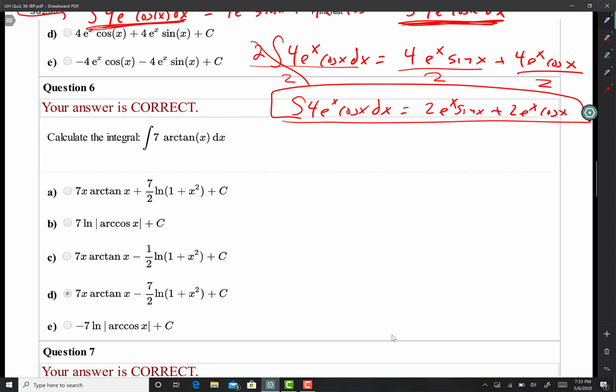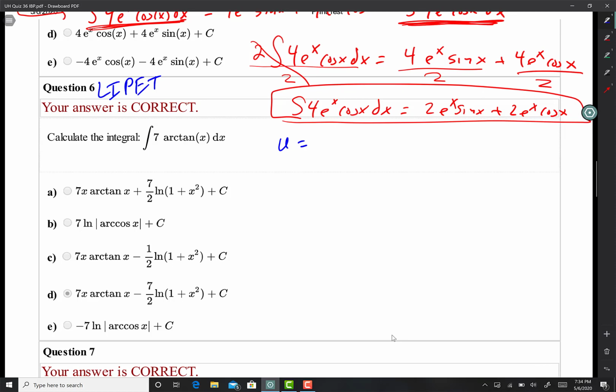All right, so we got 7 arctan, and at first it looks like, oh my god, it's pretty tough, but it's actually not that bad at all. So here we go. My u, the I is the inverse, so the arctan is an inverse function.